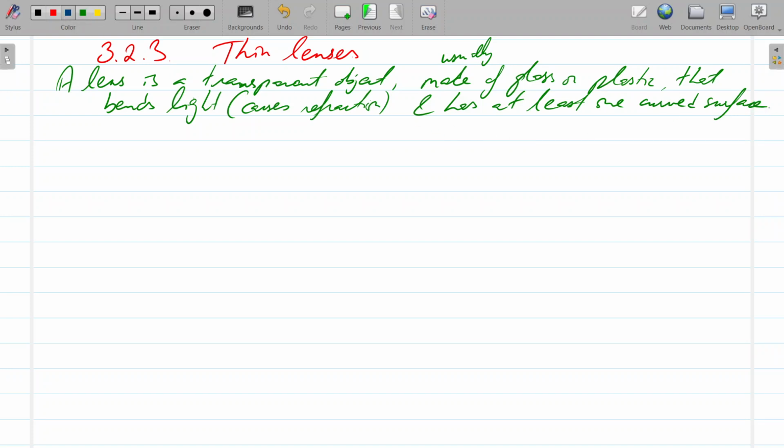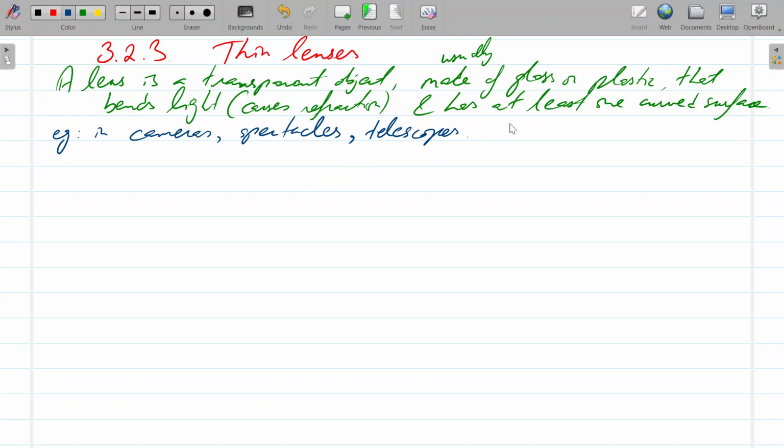So you can find lenses in a variety of instruments such as cameras, spectacles or eyeglasses, telescopes, and microscopes.